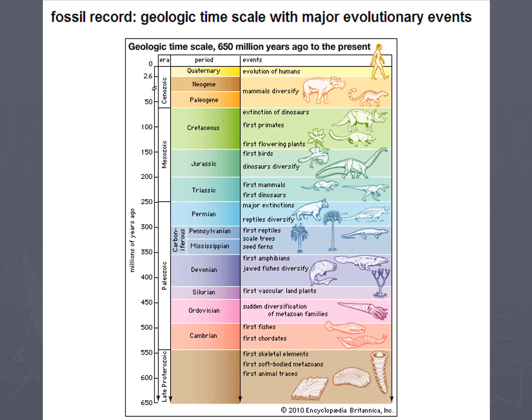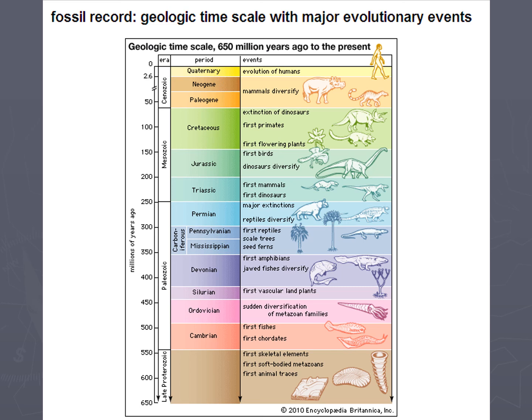So in this slide here, we see just some significant milestones. We definitely had life prior to the Cambrian. I think our oldest undisputed fossils are at about 3.5 billion, single-celled, of course.